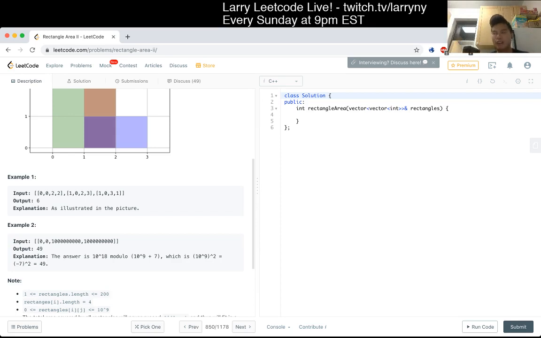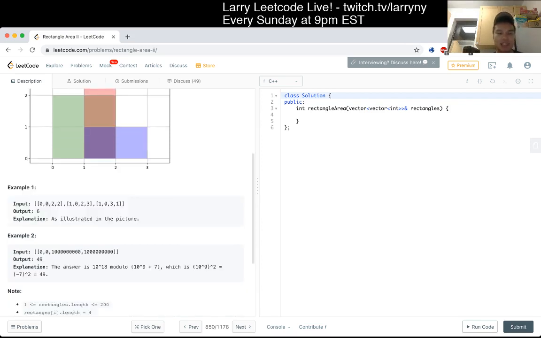You have to make sure you don't double count or even triple count, because if you just take the sum of the areas, then you definitely double count or triple count because of the overlaps. So you try to figure out the area that is covered without overlaps, right?